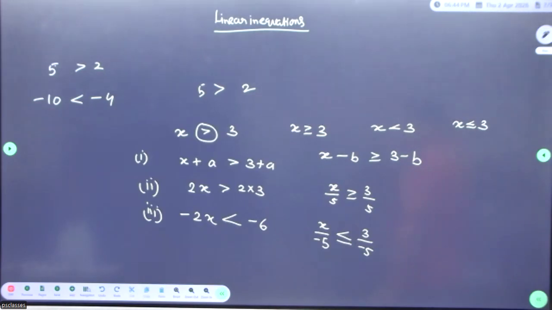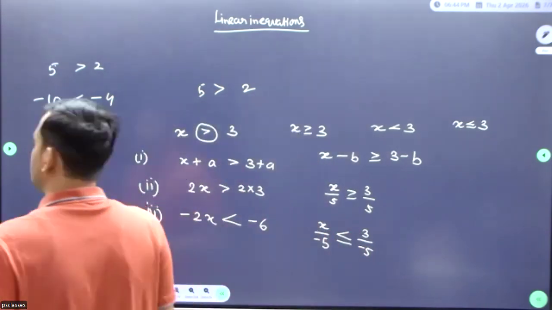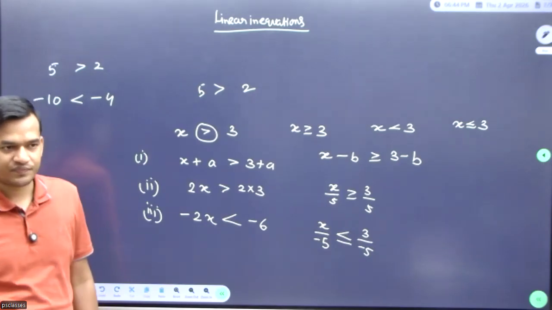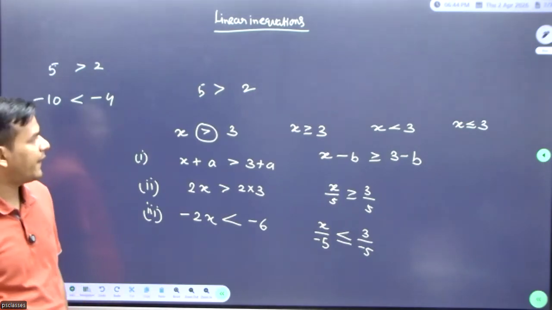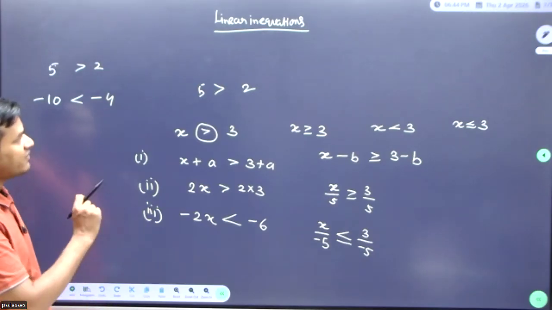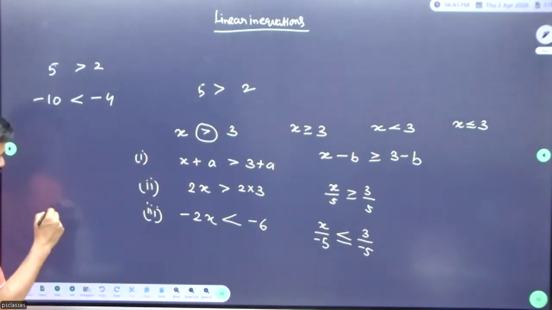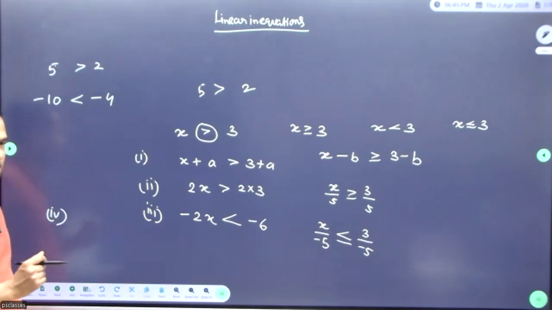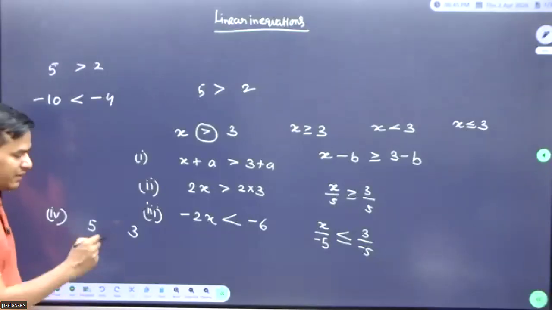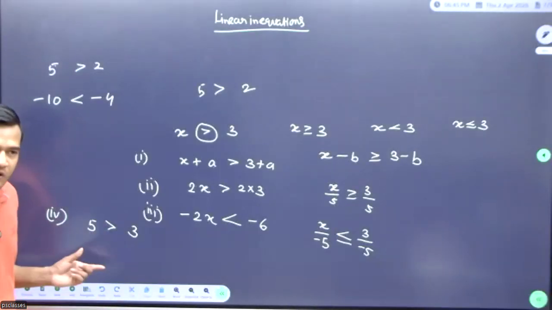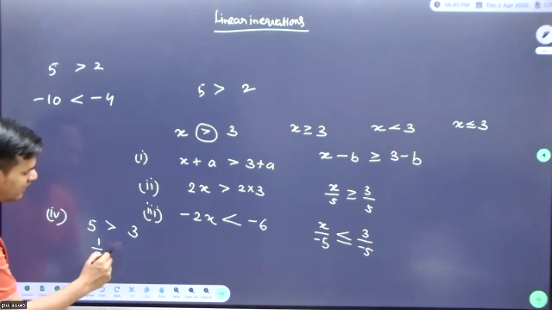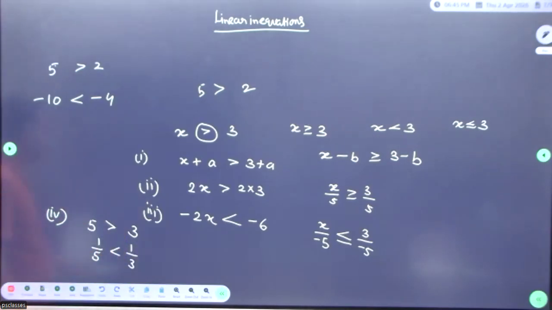And then, if I take the reciprocal on both sides, if both numbers are positive, fourth rule, suppose this is 5 and 3, both are positive, 5 is greater than 3. And now if I am taking the reciprocal of this, then the sign of inequality will change.